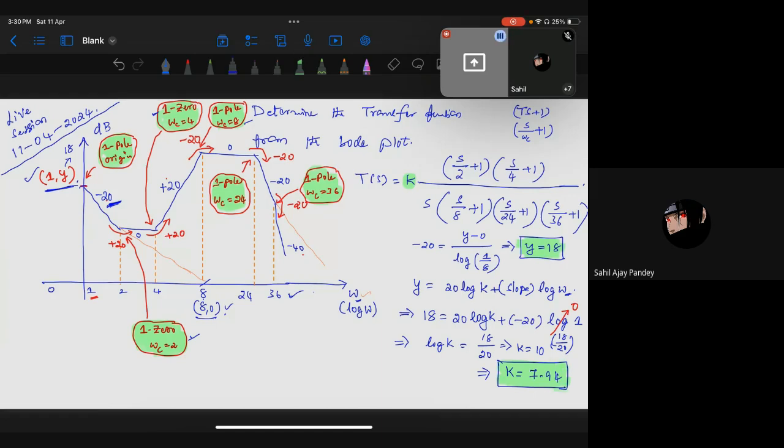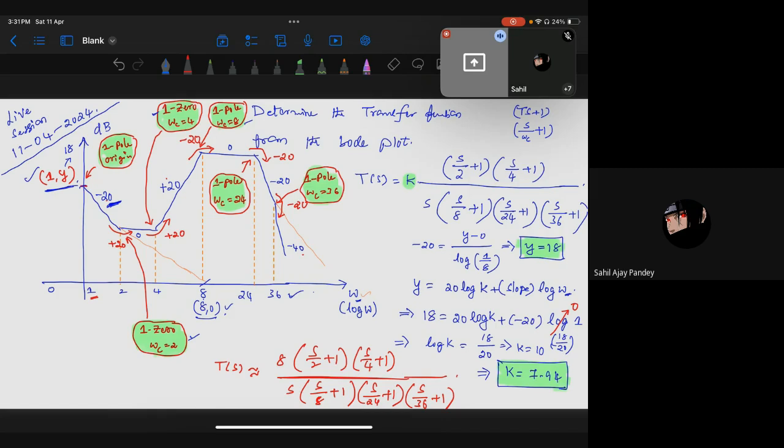So finally, my T of S is 7.94, or we can write it as 8, multiplied by (S by 2 plus 1)(S by 4 plus 1), divided by S times (S by 8 plus 1)(S by 24 plus 1)(S by 36 plus 1).